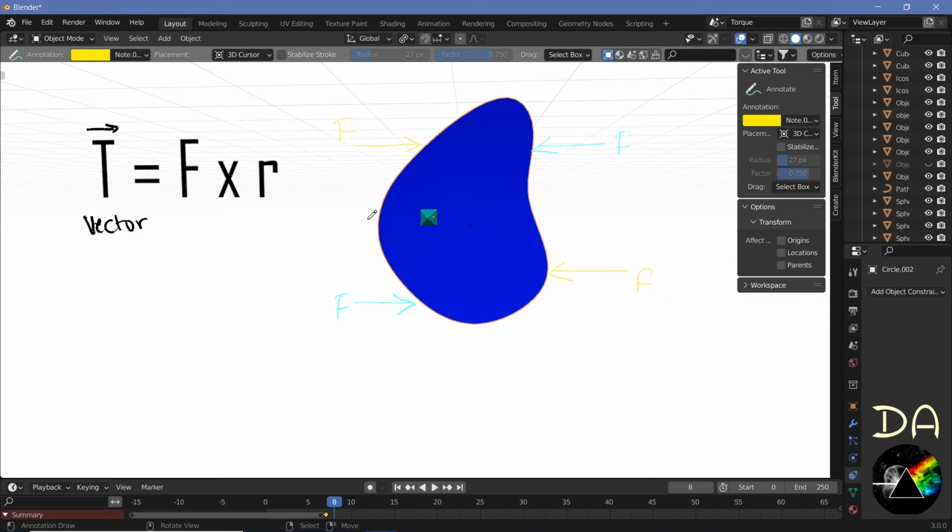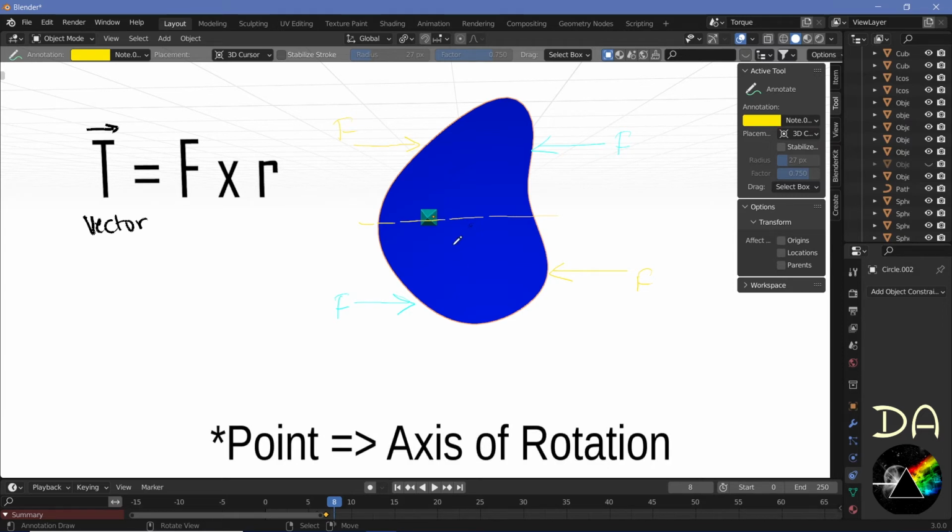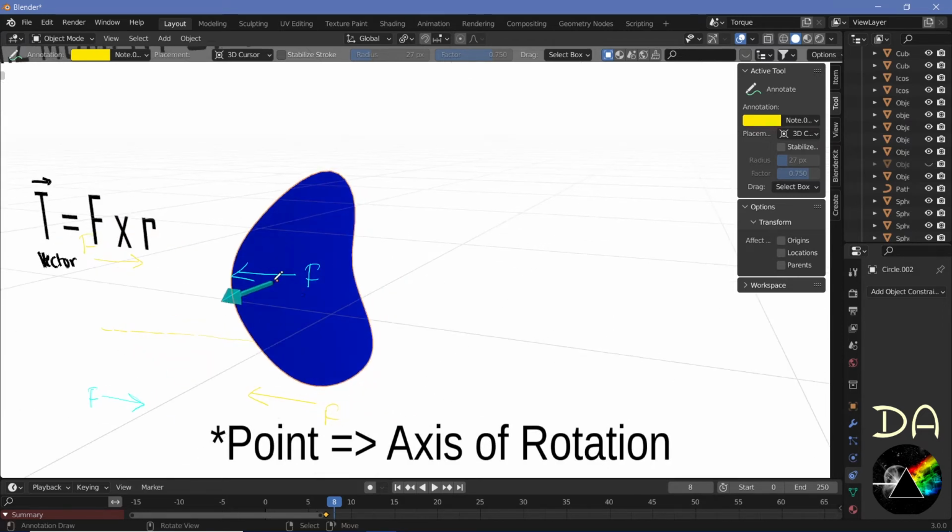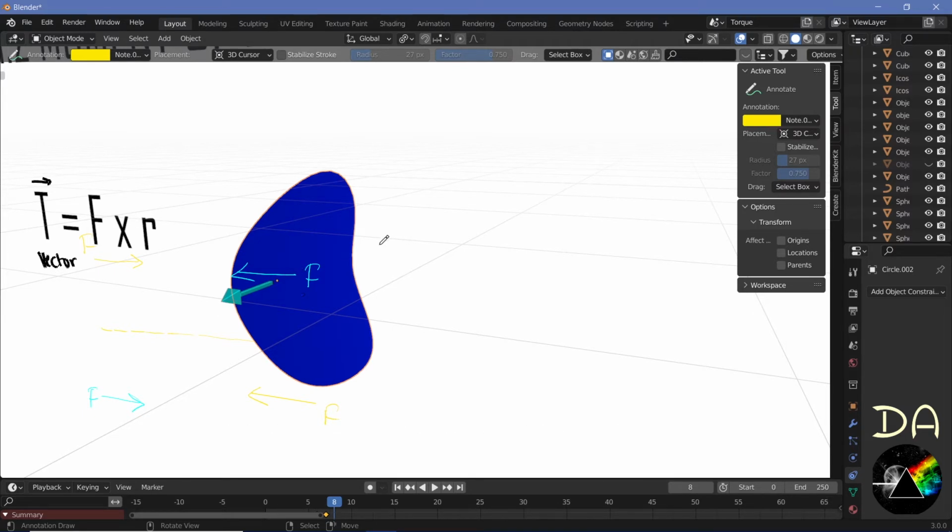So essentially, it's divided by the pivot point, and the forces that are above and below make a difference. So torque is always acting along the point of rotation. Always remember, it's always acting along the point of rotation, either in the positive axis or the negative axis. That means going outside the screen or inside the screen.